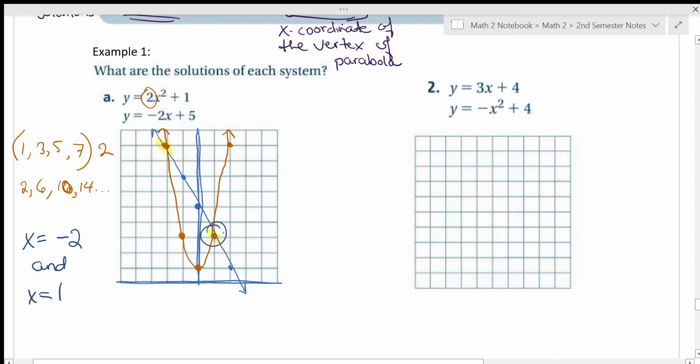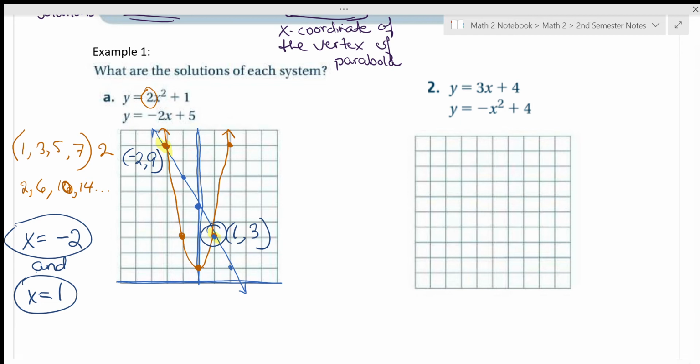Because this point is at 1, 3. And this point is at negative 2, what is that, 8? No, 9, 1, 2, 3, 4, 5, 6, 7, 8, 9. So those are my two solutions to my system.